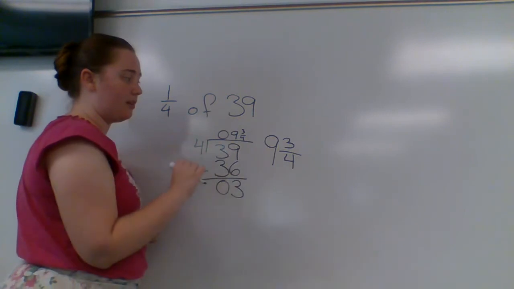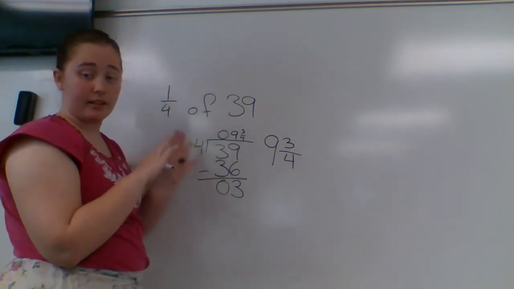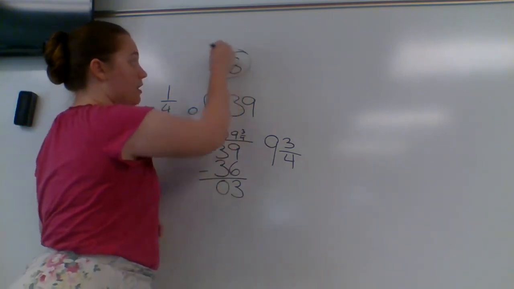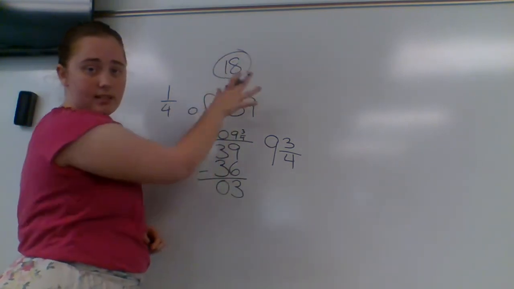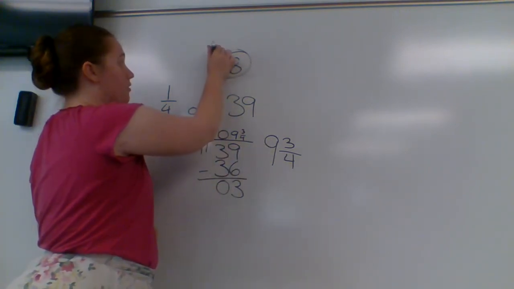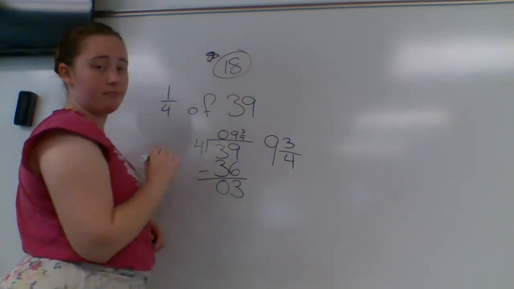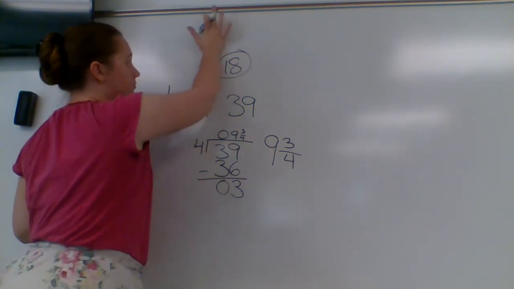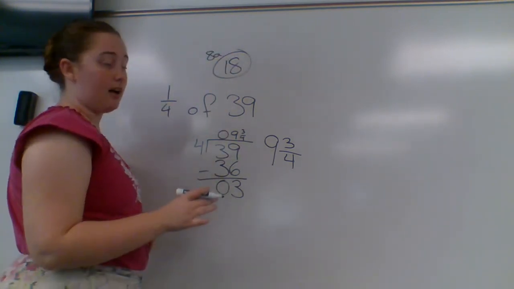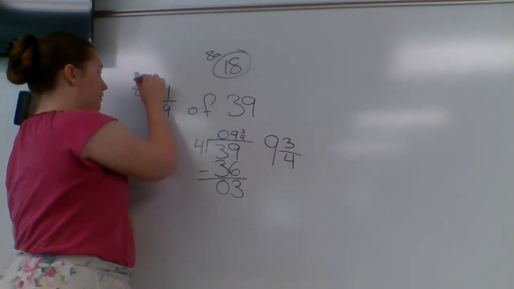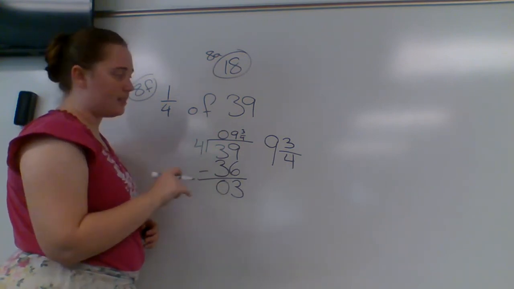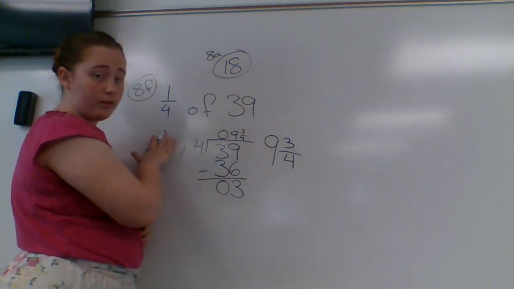And do you see what I mean when, like before with letter A, the answer was just 18. That was just the answer for letter A. This isn't for this one, but this was for number 8, letter A. This is letter F. And this is 1/4 of 39.